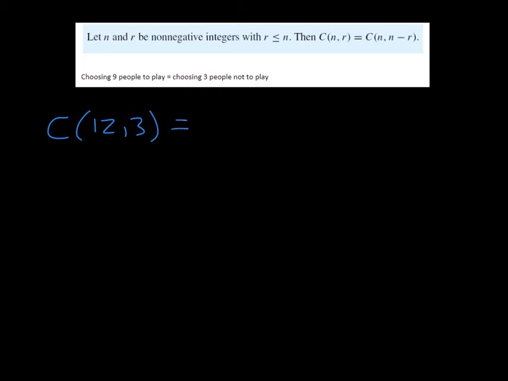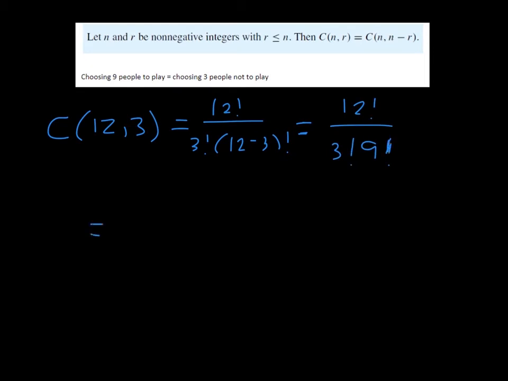So this would be 12 factorial over 3 factorial times 12 minus 3 factorial, not 9, I was thinking ahead of myself, which is 12 factorial over 3 factorial times 9 factorial. Now this is the exact same expression we had just a second ago.